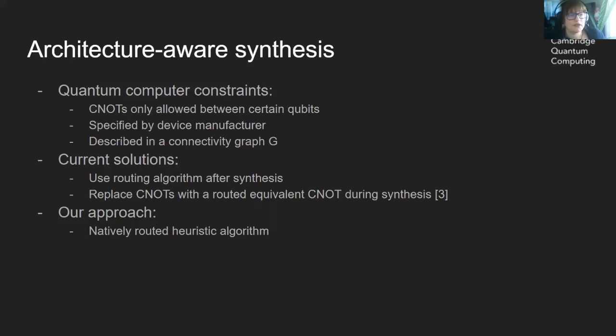So phase gadgets might be synthesized in an order that is optimal for full connectivity, in other words, without constraints, but this ordering might be suboptimal for a specific connectivity graph. So instead, we propose a phase polynomial synthesis algorithm that is natively architecture aware.